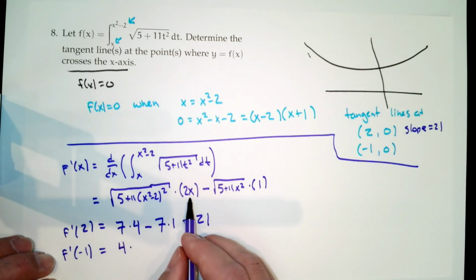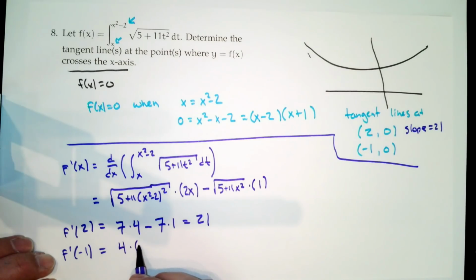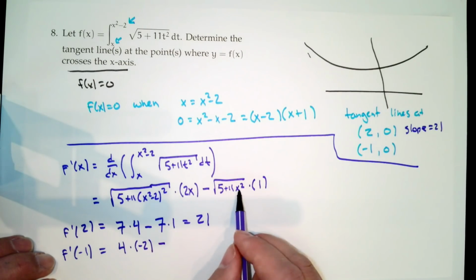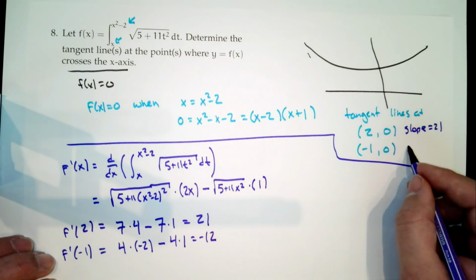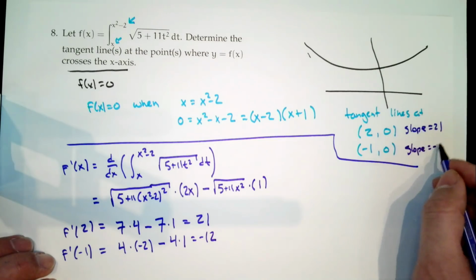Times 2 times negative 1, which is negative 2. Subtract. Run it again. Negative 1 squared is 1, so this becomes 5 plus 11, 16. Square root of 16 is 4 times 1. So negative 8 minus 4 is negative 12. So the slope is negative 12.